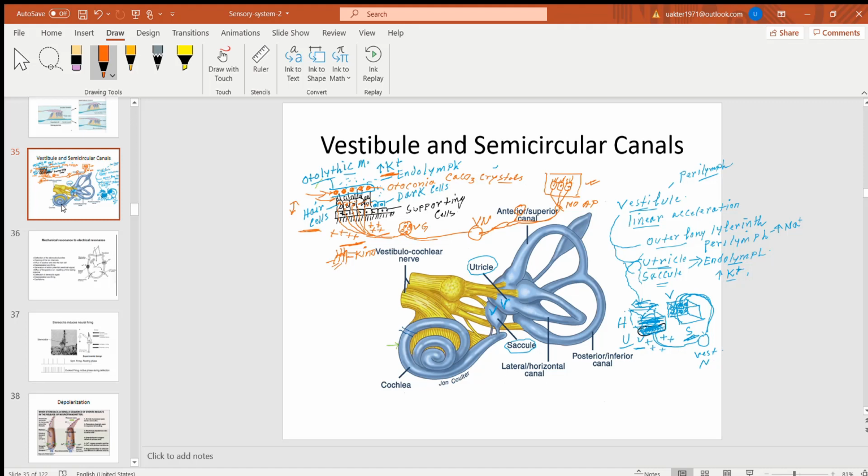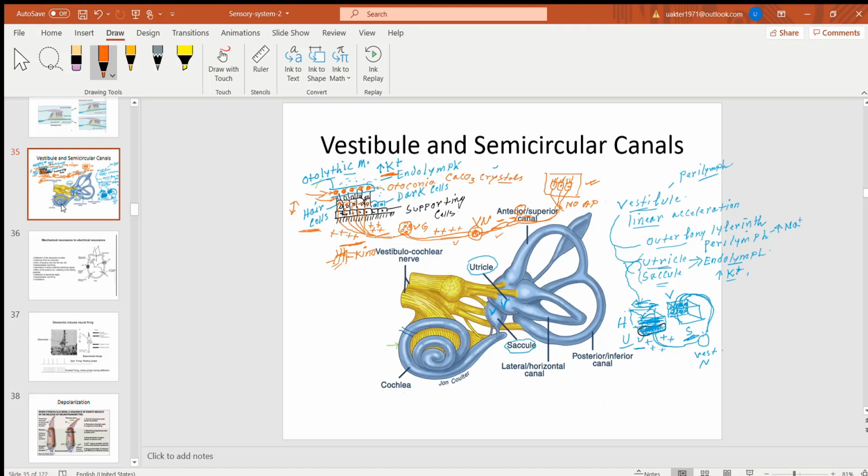So now you see this one is bringing a lot of action potentials and this one no action potential, and your brain structures can subtract these two and get the signal from the difference between these two. In this case the difference is very high, right?